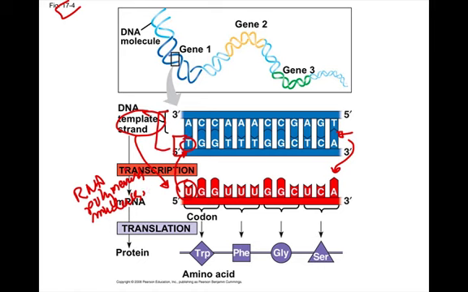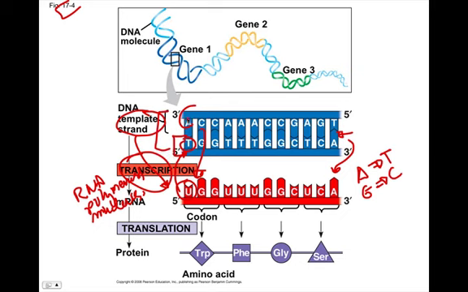as a part of gene transcription. This DNA template is used, and the RNA polymerase adds complementary base pairs. The complementary base pairs are that A will pair with T, and G's will pair with C's.